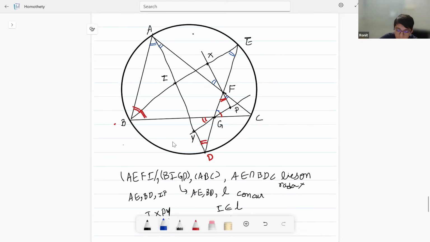The whole lines, GP. GP. Okay. Yes, because that's parallel.